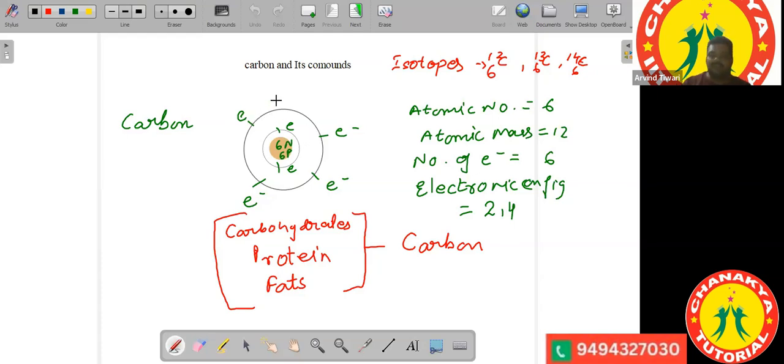There will be repulsion between the electrons, and they will try to move away from each other, but there are only 6 protons in the nucleus. If carbon gains electrons, there are 6 protons and 10 electrons, almost double the number of protons. So it will not be easy for these 6 protons to hold 10 electrons.